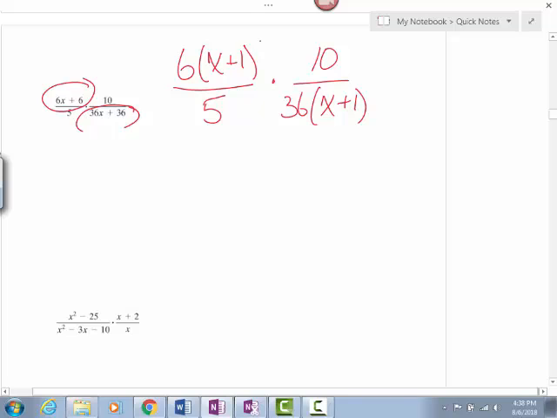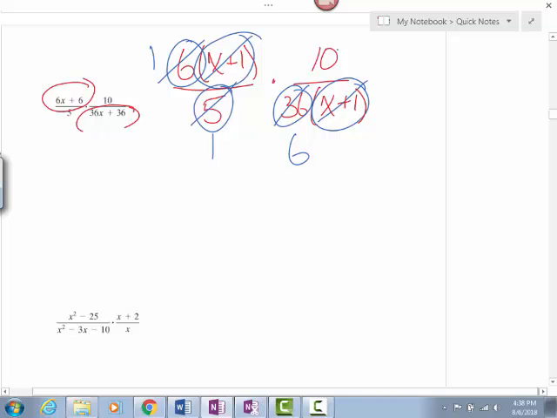So now, again, this x plus 1 and that x plus 1 will cancel each other out. Let's see what else we can reduce. Looks like we can reduce some numbers. 6 goes into 6 once. 6 goes into 36 6 times. 5 goes into 5 once. 5 goes into 10 2 times.